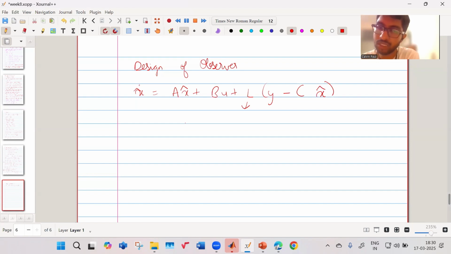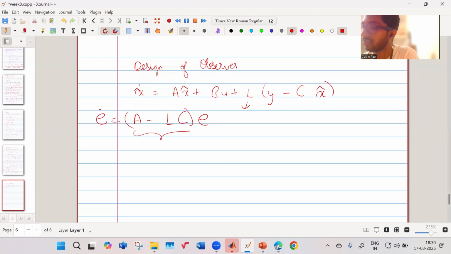To do this, what we are interested in designing is A minus LC. Because as I told earlier, e dot is equal to (A minus LC) into e.